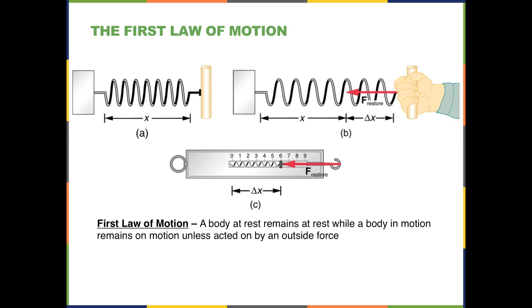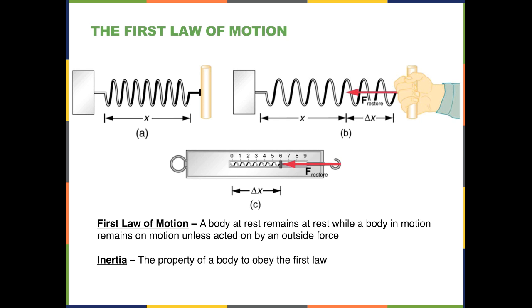So A represents a spring system which will remain as it is without any outside influence. B represents someone exerting an outside influence on that system, and how if he releases his exerted force, there's a force that will restore it back to its original configuration.